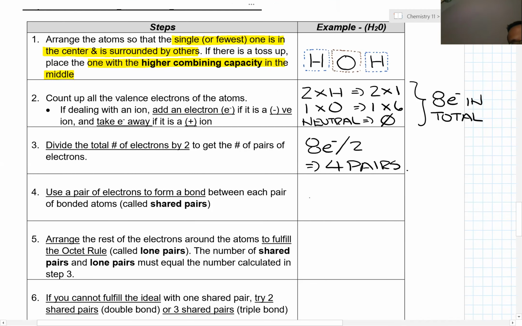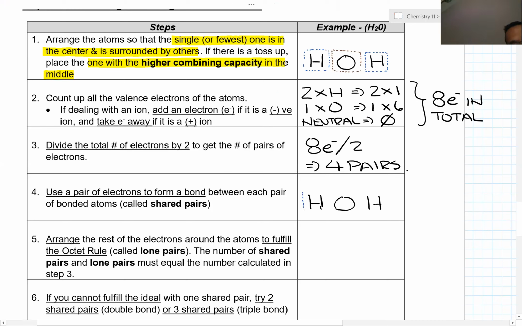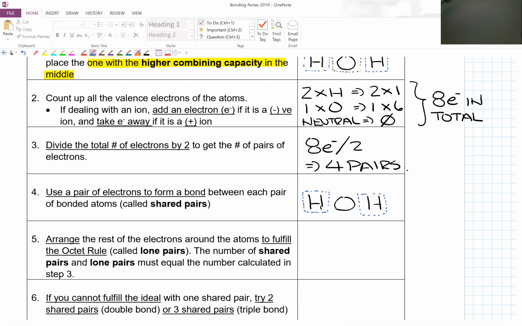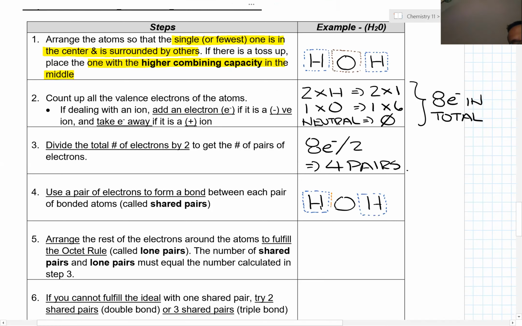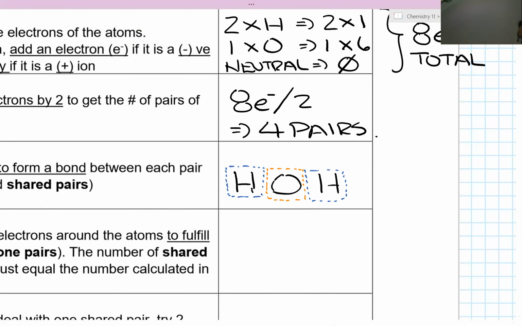So if I go back to step number 1, where we had hydrogen, oxygen, and hydrogen, okay? And remember, we had the boxes all around. So here we have hydrogen's box. Here we have hydrogen's box. And here, where we have the oxygen box, the boxes that are side by side, what we do is we put a pair of electrons.